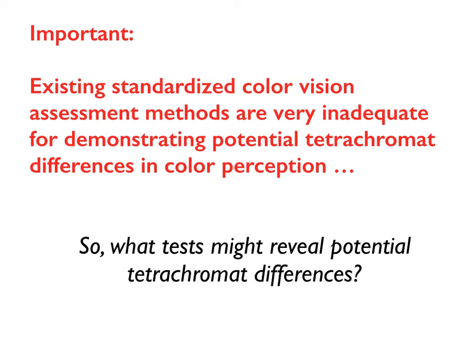So we knew we had to think outside the box on this one. And instead of evaluating color directly, we instead decided to look at measures that are known to be related to the collective contributions of all photoreceptor classes, namely measurements of luminance variation.